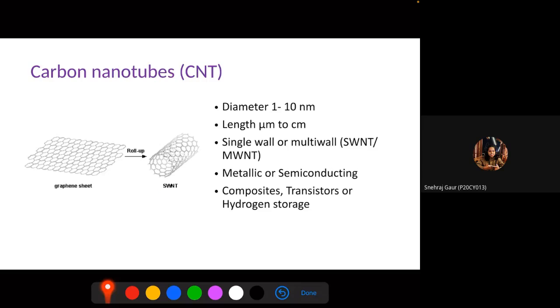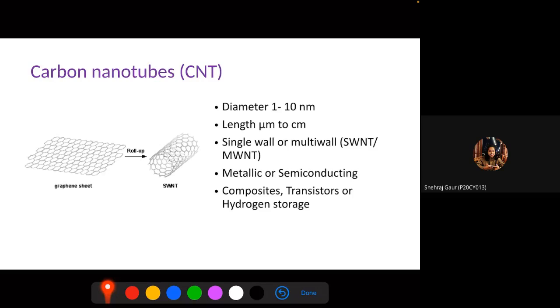The typical diameter can vary from 1 to 10 nanometers. What is very interesting is that the length can go from a micron to even centimeters. So you get a huge aspect ratio with carbon nanotubes, and that's why they are known as one of the most highly anisotropic materials ever synthesized in the lab.